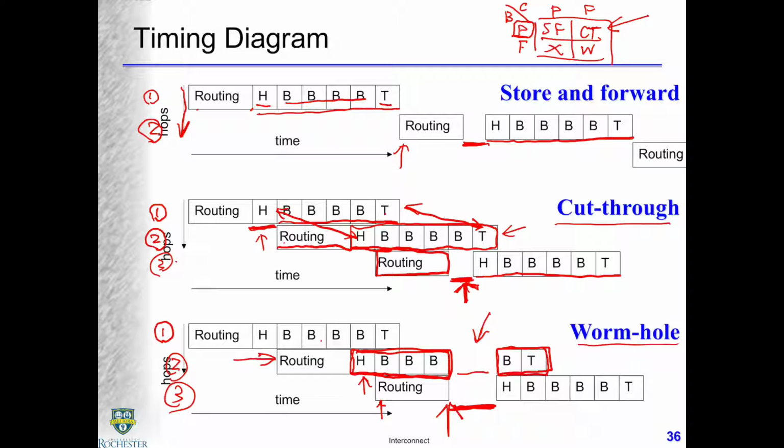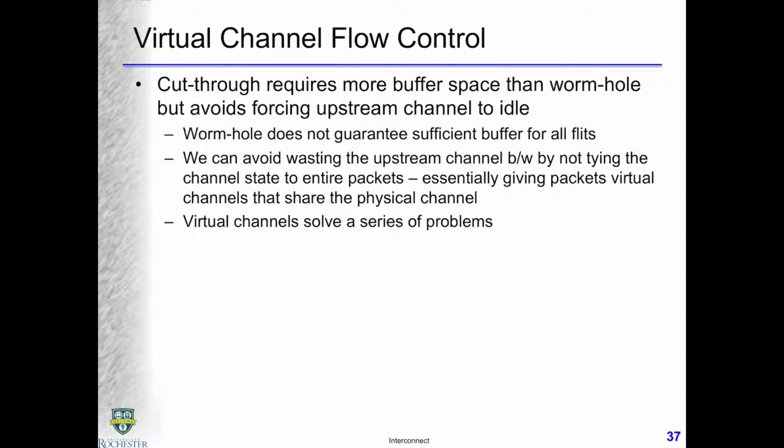Then you can never reserve enough storage, and you might want to have a wormhole routing. So here, the downstream congestion forces the upstream channel to idle, and we don't like that. Okay? The channel being idle is usually a bad thing, because there tend to be the expensive resource, especially in a large-scale, wide-area network. So how do you solve the problems like that?